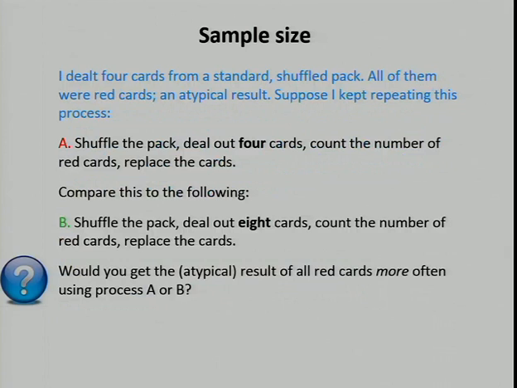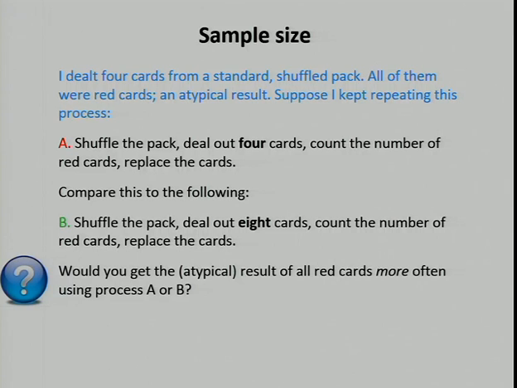I'm not going to talk through this one in great detail, but you can actually run this experiment. You have a deck of cards, you've shuffled it well beforehand, you deal out 4, and think about the likelihood of them all being red, again and again.